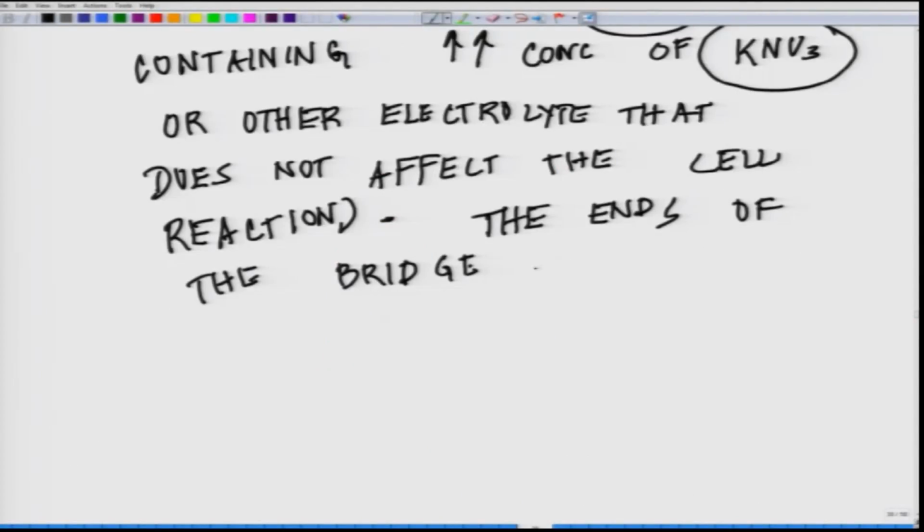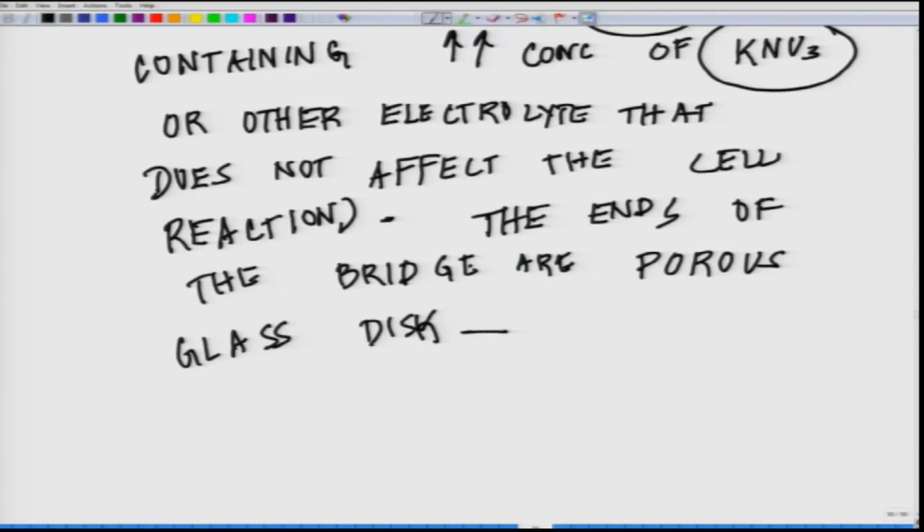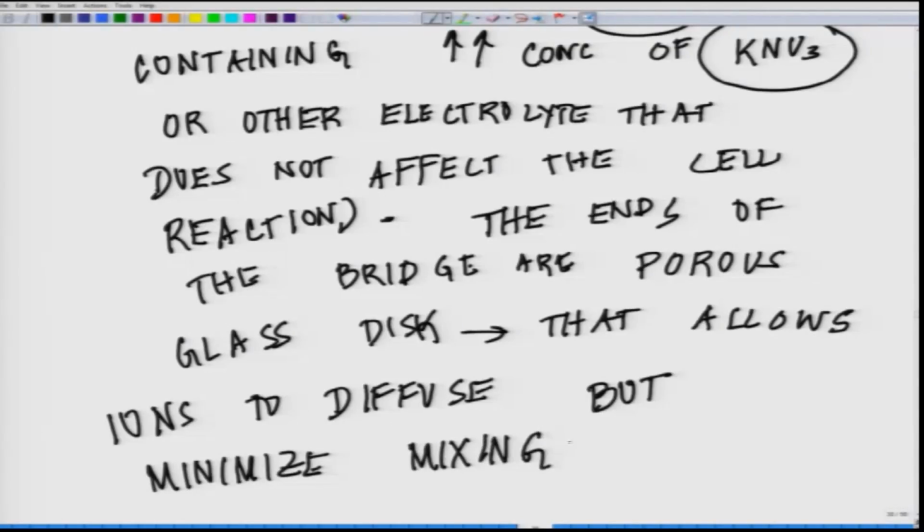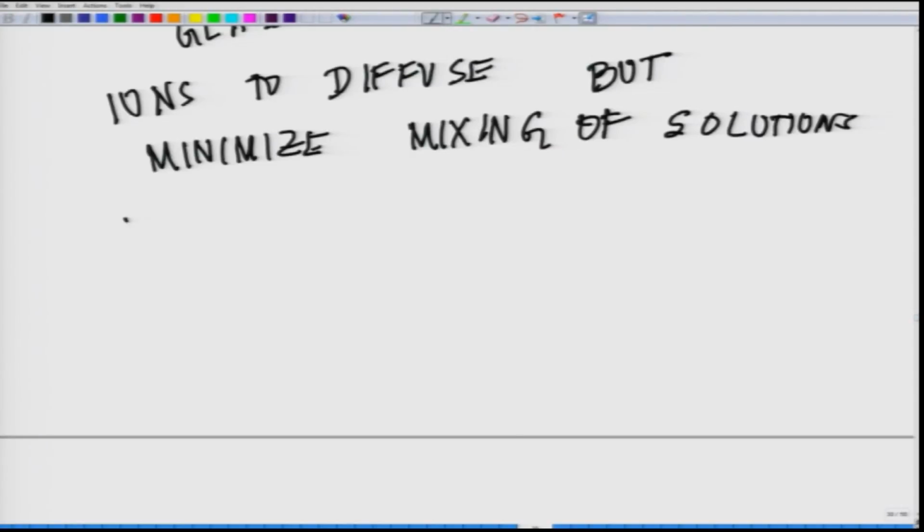The ends of the bridge are porous glass discs that allow ions to diffuse, but minimize mixing of solutions inside and outside the bridge.